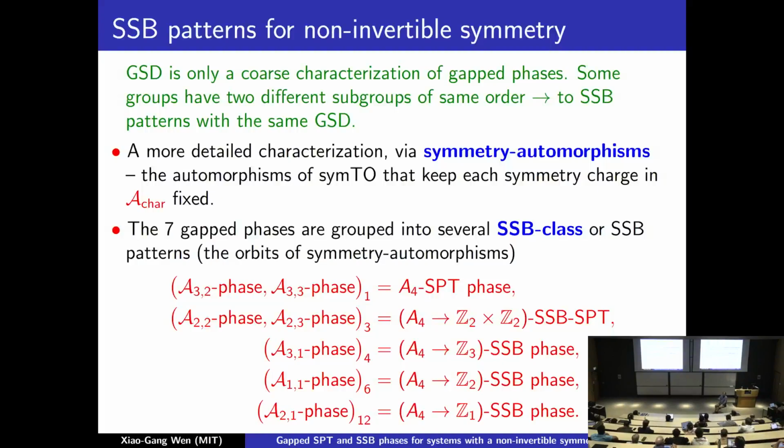Basically, the automorphism which fixes the A4 charge we call the symmetry automorphism. Then the condensable algebras connected by symmetry automorphisms form what we call a symmetry breaking class. Each class has the same symmetry breaking pattern, and different classes have different symmetry breaking patterns. So therefore, we can group these 7 gapped phases into these SSB classes.